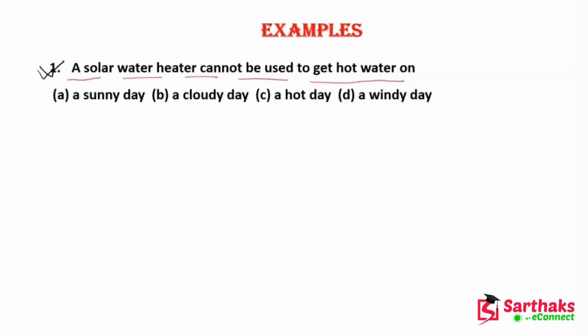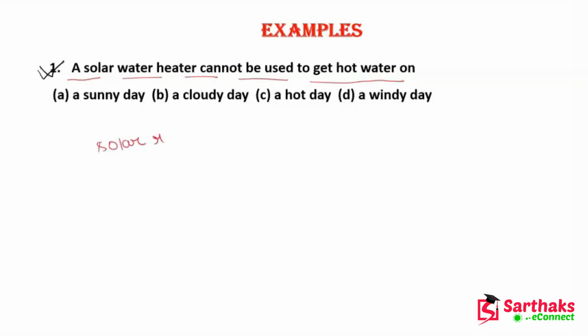To answer this question, first of all, let me tell you some very important points so that we can also revise our concept. Students, we all know that in a solar water heater the solar radiation which is coming from the sun is incident on the solar water heater, and then it will boil our water.